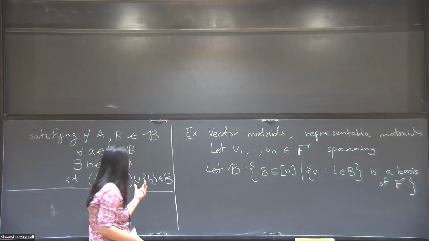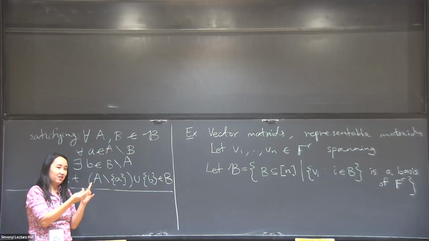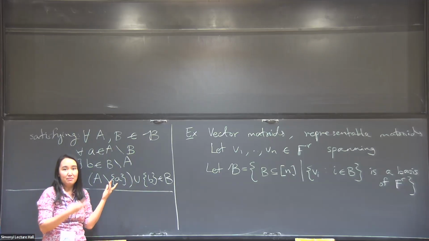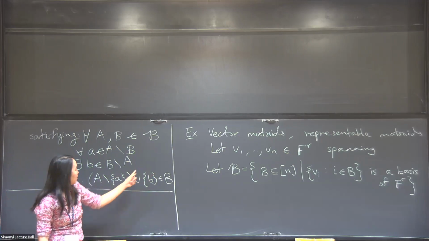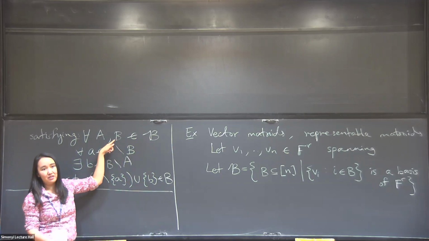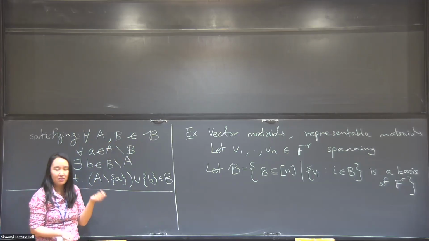So you take A and remove the element, look at the span of the remaining ones, and then choose something from B that is not in the span. There must be something not in the span, because B forms a basis, so there must be something not in the hyperplane spanned by the remaining ones, and you replace with that.